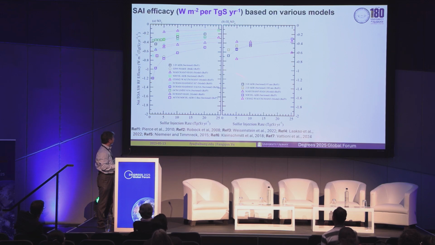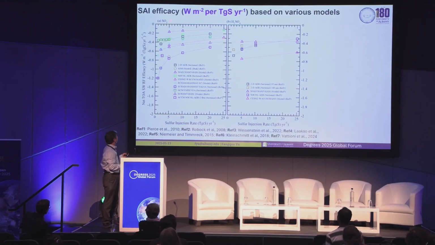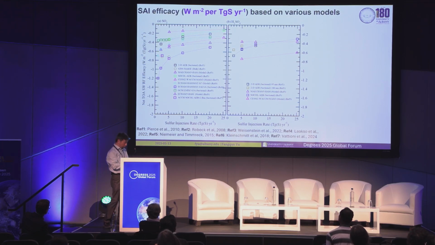And we compiled previous studies for the two materials. One is SO2, another is sulfuric acid particles. And you see the efficacy usually is around -0.2 to -0.8 watts per square meter per teragram sulfur per year. And sulfuric acid injection is slightly higher in efficacy.